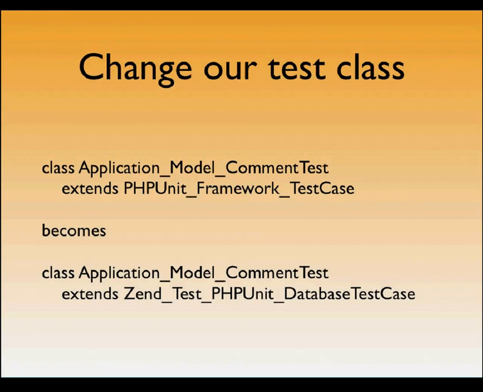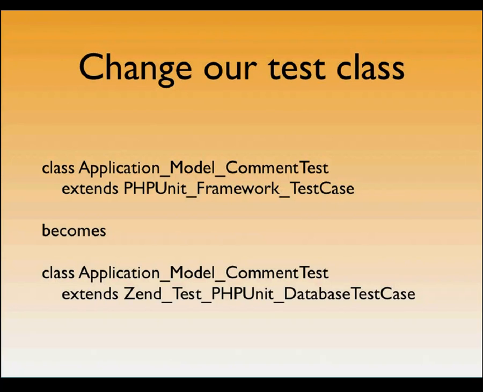Then of course we need to have an initial data set, and that's why I call it initial dataset XML. I use a file, which makes it easy for me to set things up. The file looks a little bit like this. You start with a dataset.